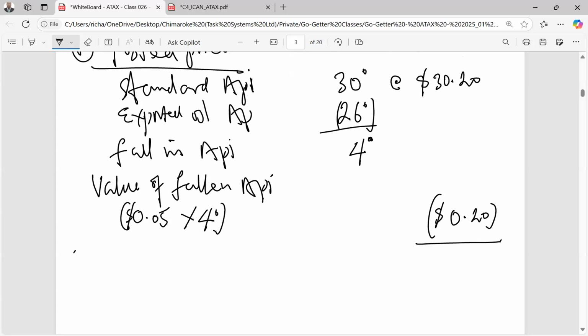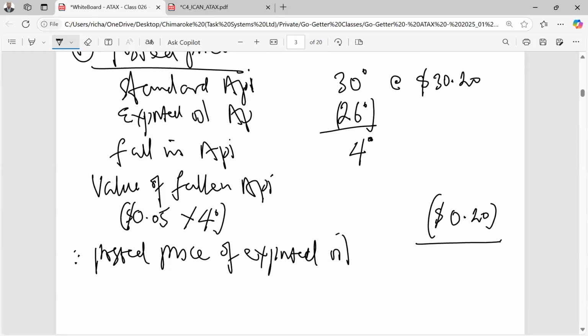Therefore, posted price of exported oil will be 30.20 minus 0.20, which will be 30.00. So this is the price we are going to be using up there.